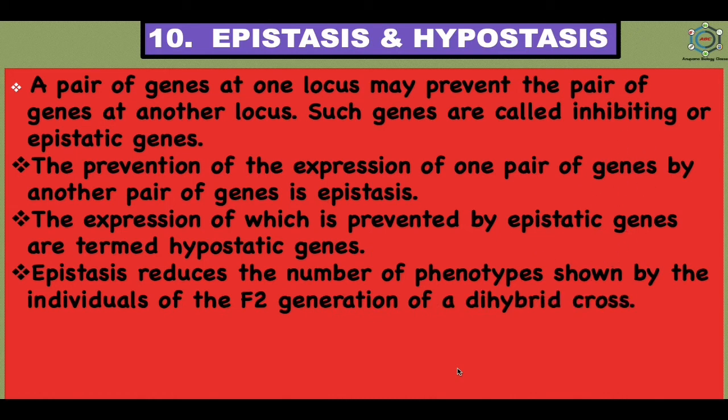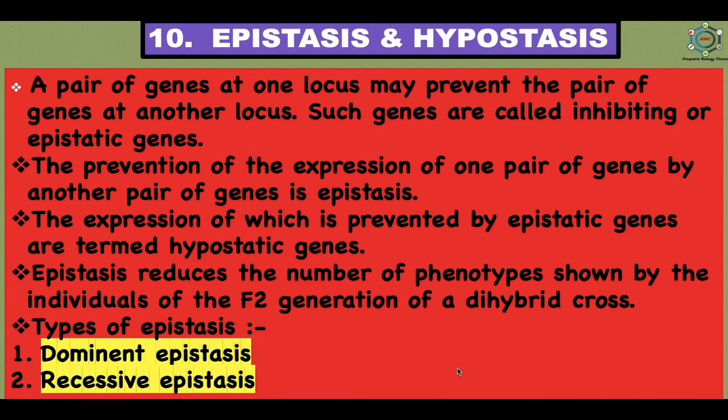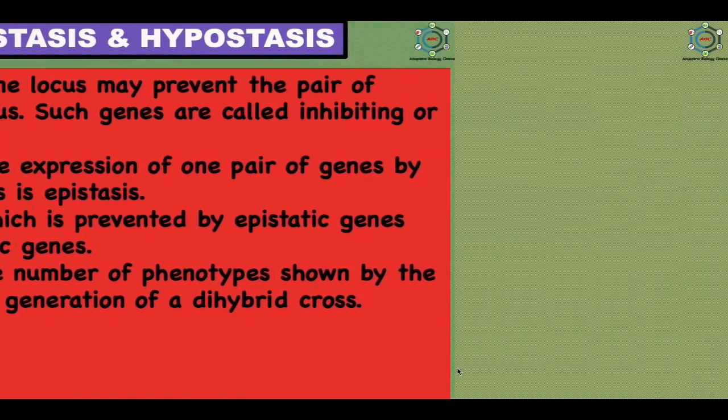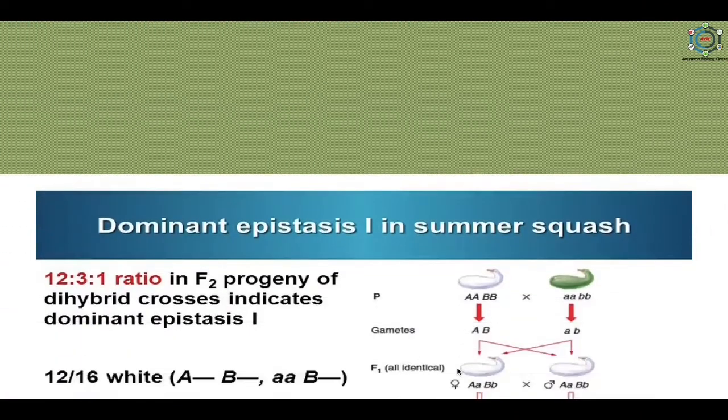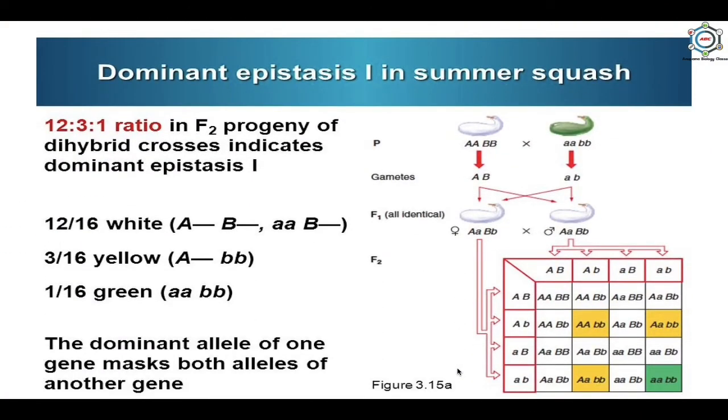Epistasis reduces the number of phenotypes shown by the individuals of the F2 generation of a dihybrid cross. There are two types of epistasis. First one is dominant epistasis and second is recessive epistasis. Now, here you can see the dominant epistasis in summer squash.